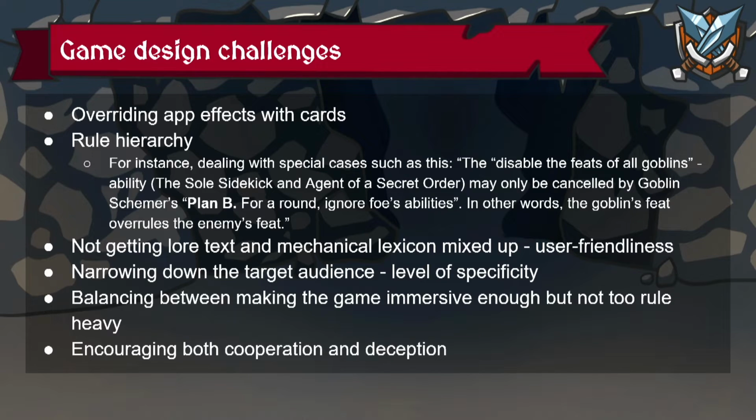So we had a lot of special cases that we needed to solve. But I think we managed that. There are a few special cases stated in the rulebook, but overall you can play the game by just reading the cards. So no need to delve deep into the rules.